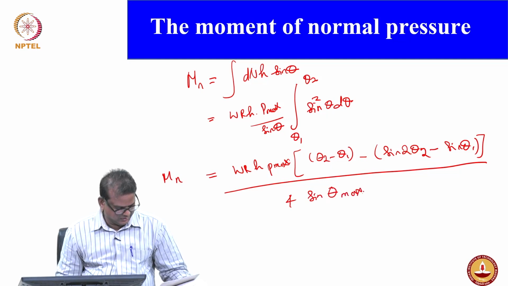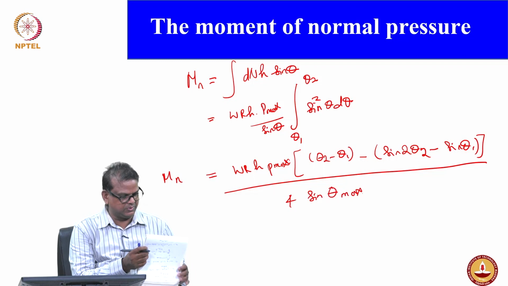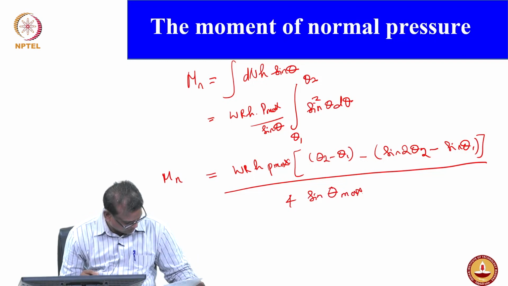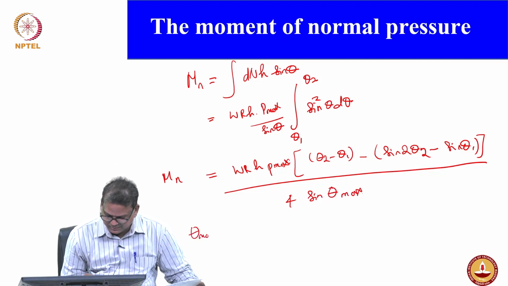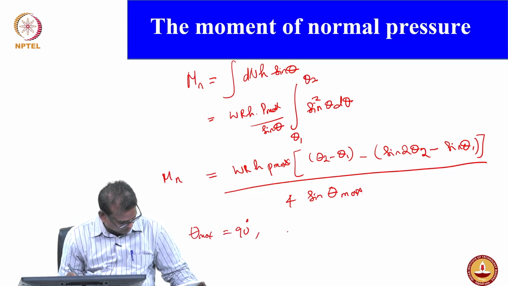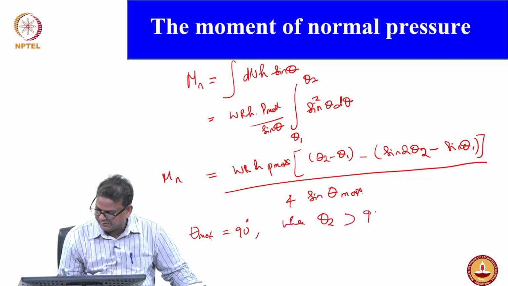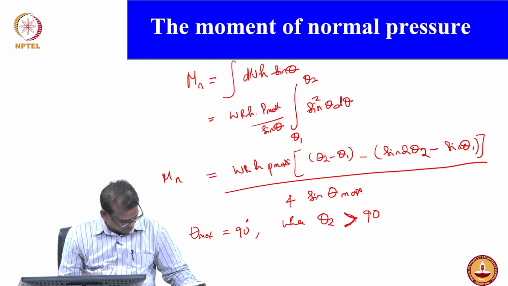This is the one. I just wanted to show the limits. When theta max equals 90 degrees, that is when theta 2 is greater than 90 degrees, that means we are talking about the shoe lining aspect.